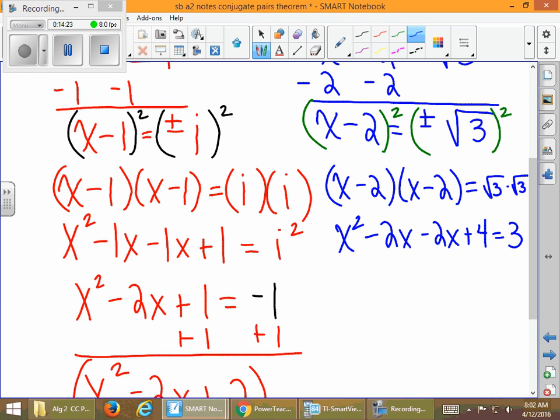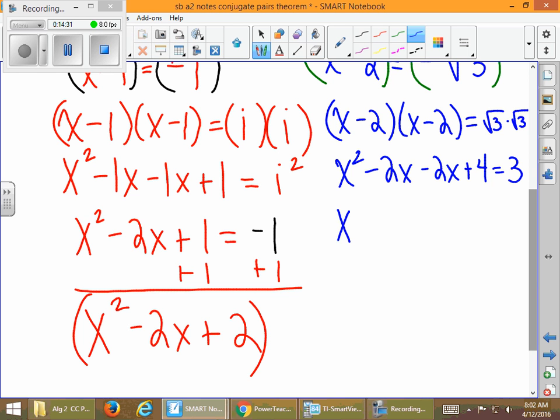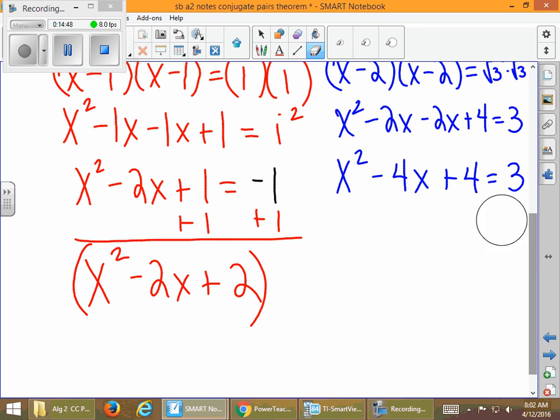You might put the square root of 9, but what's the square root of 9? It's still 3. If we combine like terms, we have x squared minus 4x plus 4 equals 3. And now for this part of the polynomial, when we subtract 1 from both sides, how about we subtract 3 from both sides?